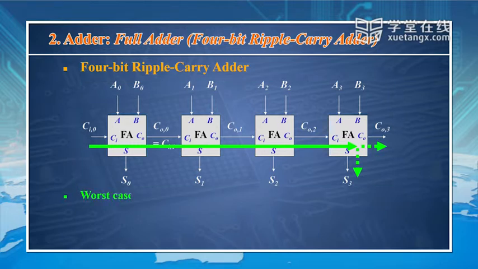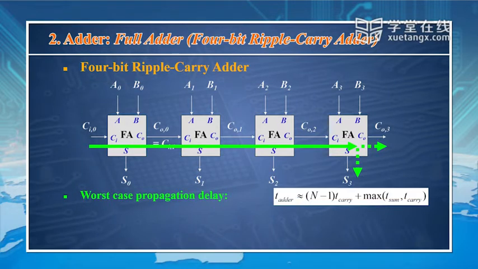Okay, so this could be expressed as T adder. I mean, the propagation delay of the adder is approximately equal to (n-1) times T carry plus the maximum delay of T sum and T carry, right?